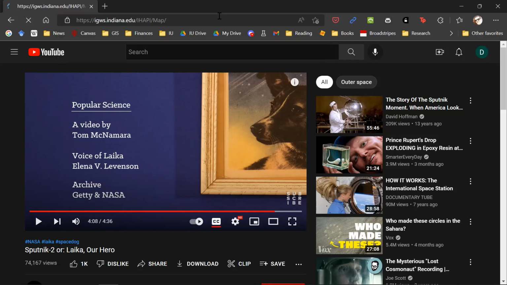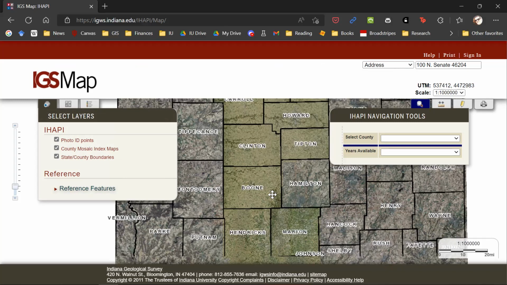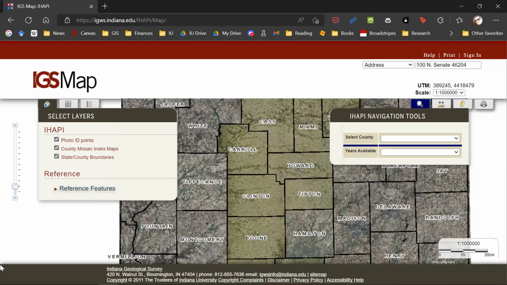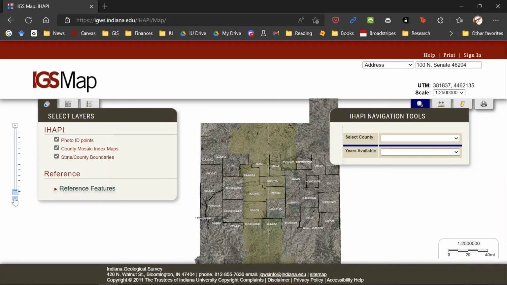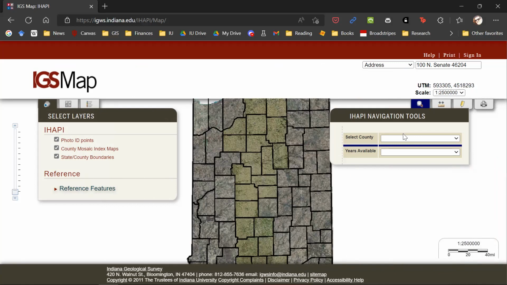We are going to see how Monroe County has changed over time. You can pan and zoom around the state of Indiana. We can even zoom out a little more to see all these different counties. On the right-hand side, there are drop-down menus for picking different counties and the years available for that.